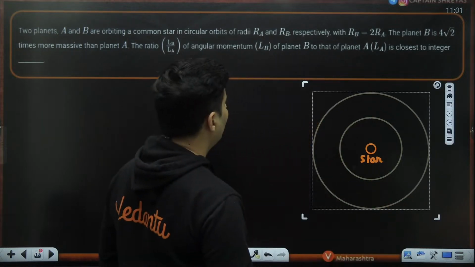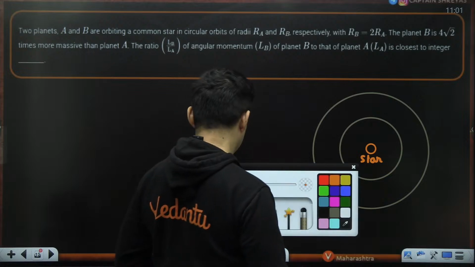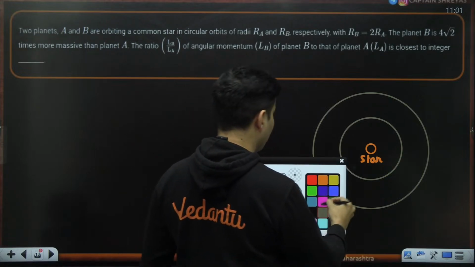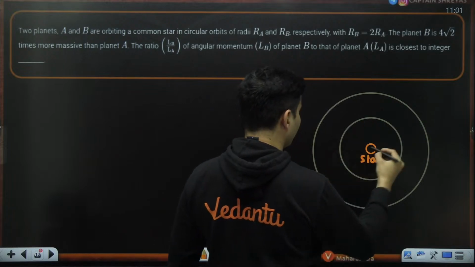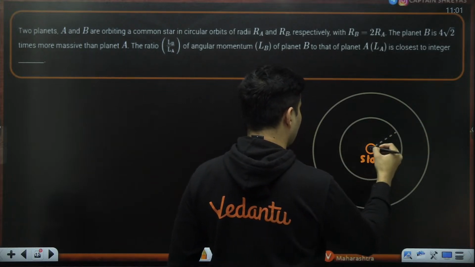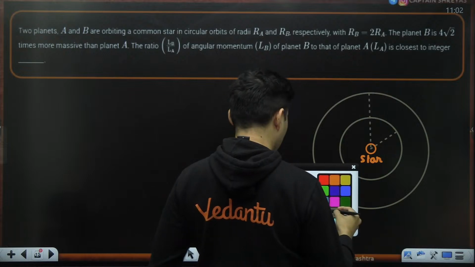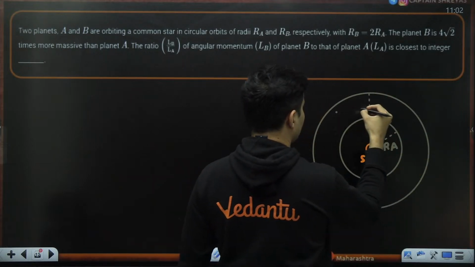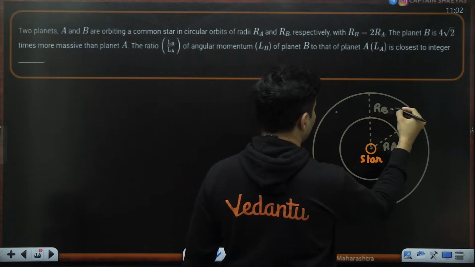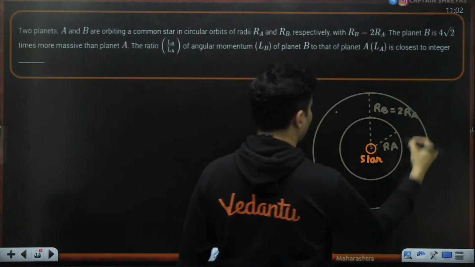The second radius is double of the first radius. That is also given to us. So if this is RA, this is your RB, which is 2 times RA.